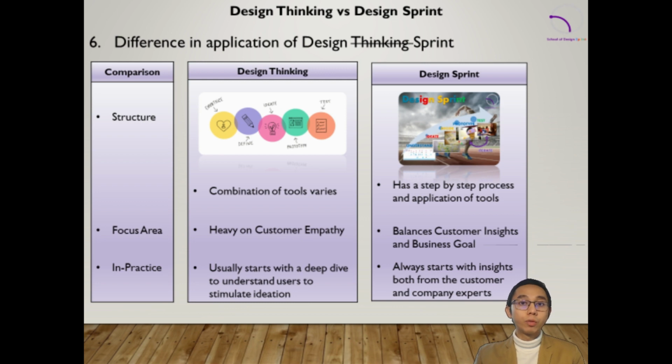The approach is more focused and it's done through a small cross-functional team. Design sprint requires not less than 5, but not more than 7 team members. Anything less than 5 would mean a less effective brainstorming session, but anything more than 7 would complicate your sprint and make it take much longer.